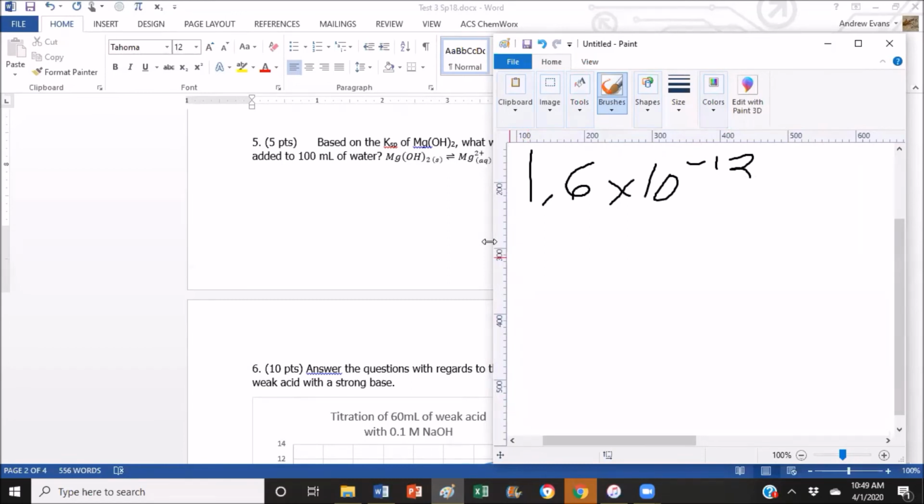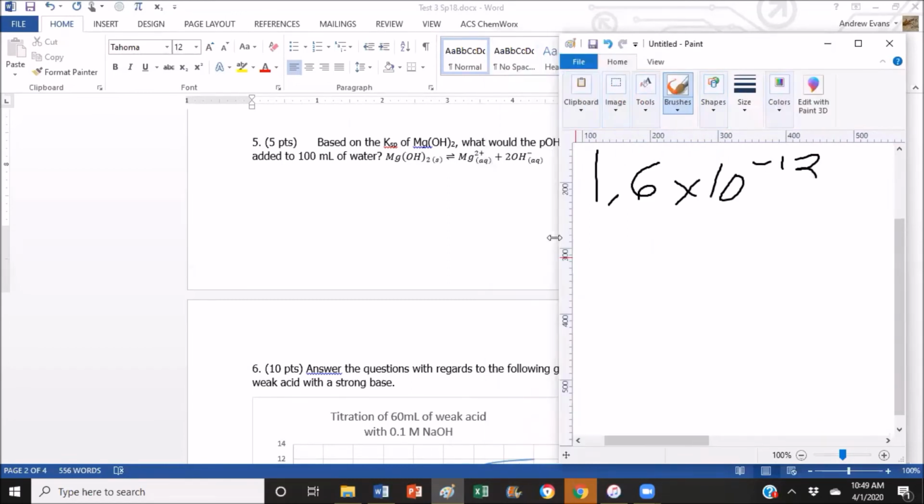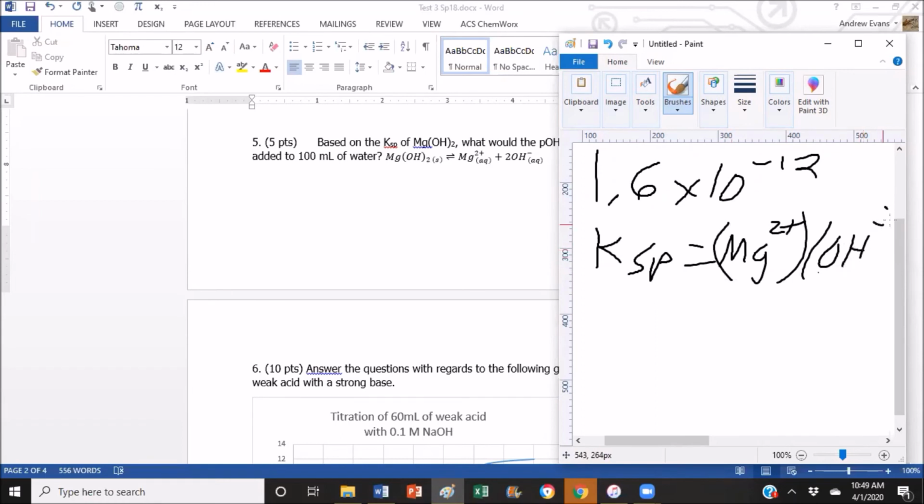So there's our Ksp. So hypothetically, first, let's check what the maximum solubility of this is. Well, the Ksp expression is going to be Mg times OH squared.